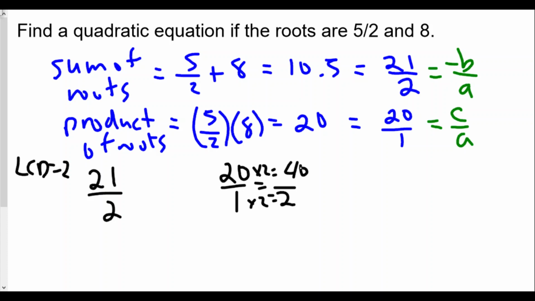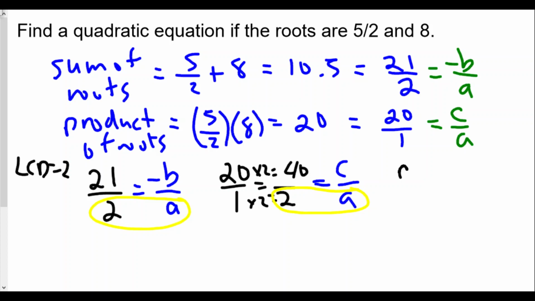Now we're going to use this case, the sum of the roots is negative b over a, and our product of the roots is still c over a, except now we have an a value that we can use for both of them. They both have an a value of 2 now. So our a value will be 2.